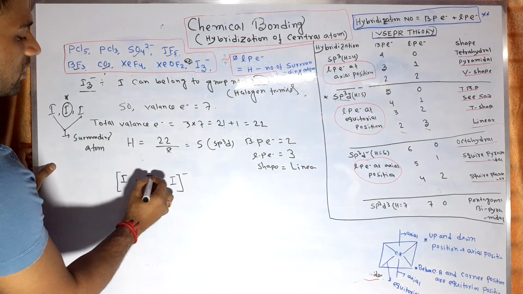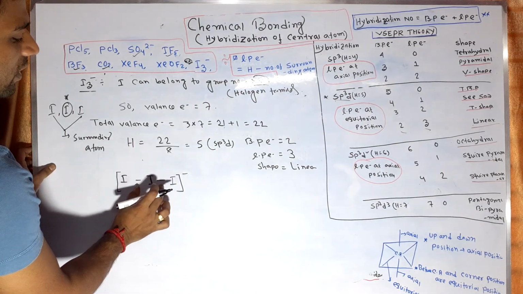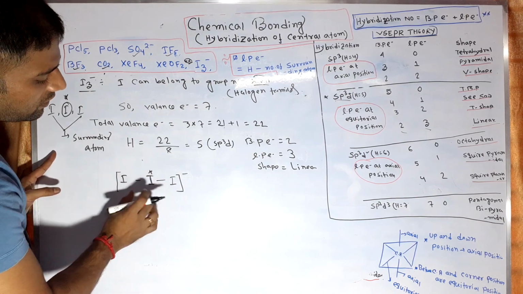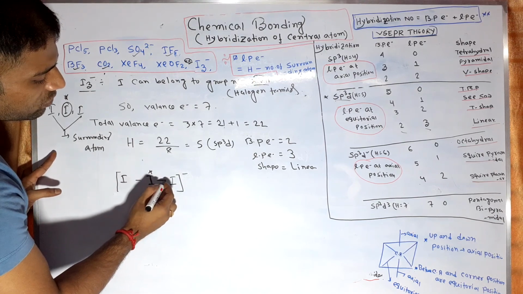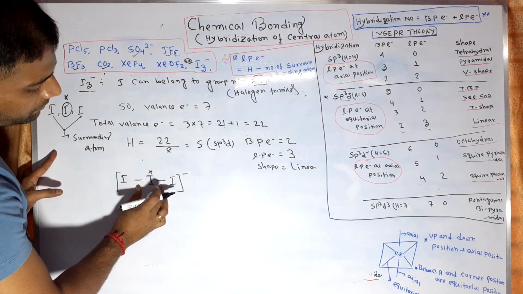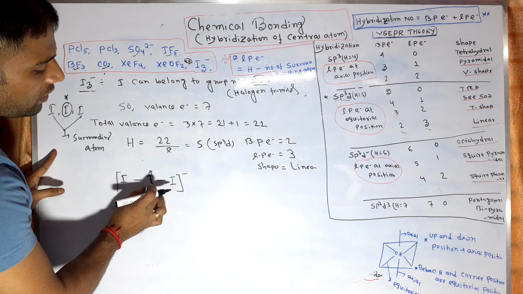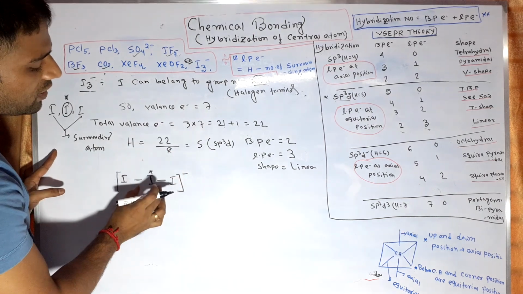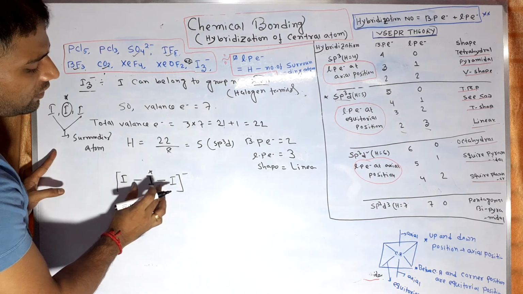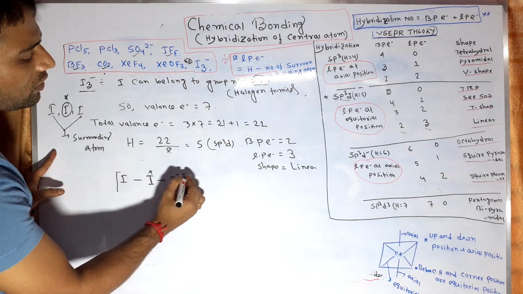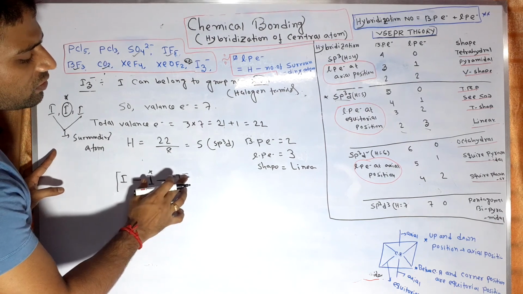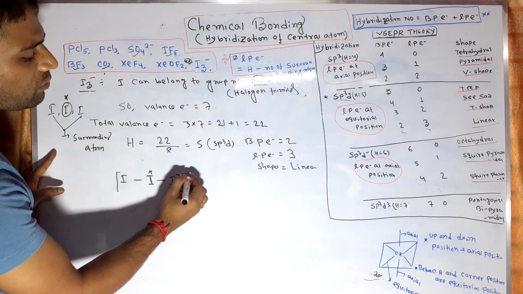That means the central atom's valence is 2. This is one bond, and the number of bonds follows the valency. All halogen atoms have valency 1, but the central iodine shows valence 2 due to the presence of one extra electron, which means one bond.